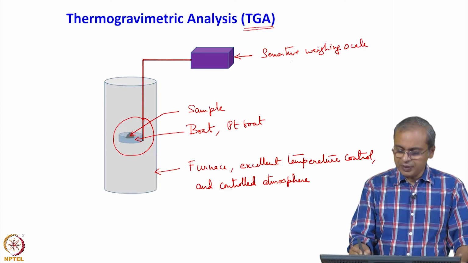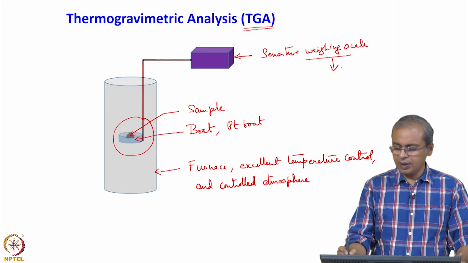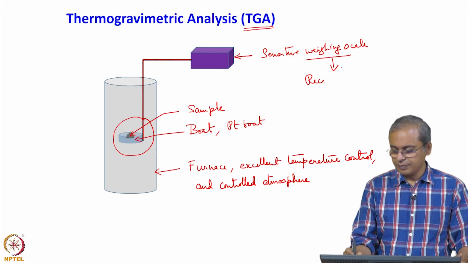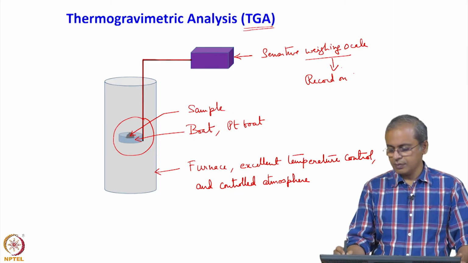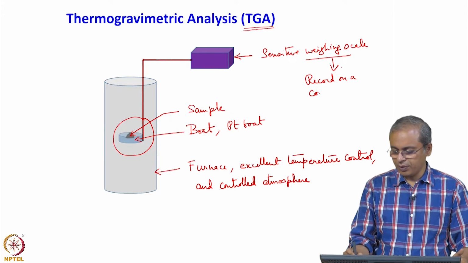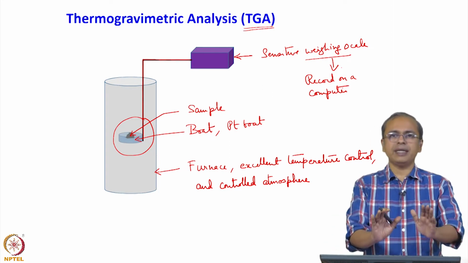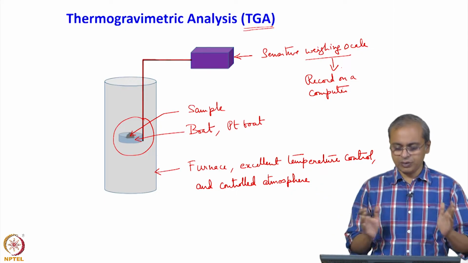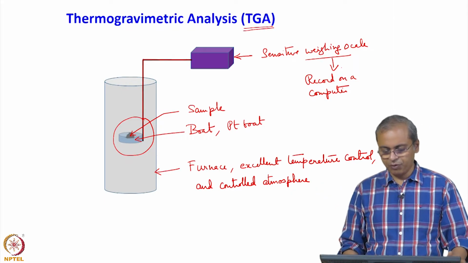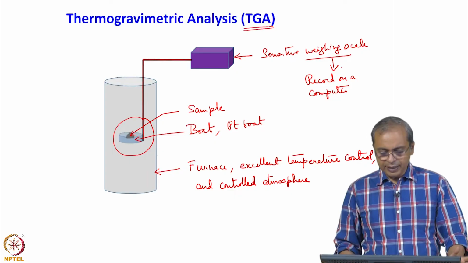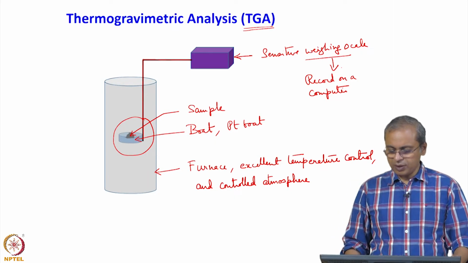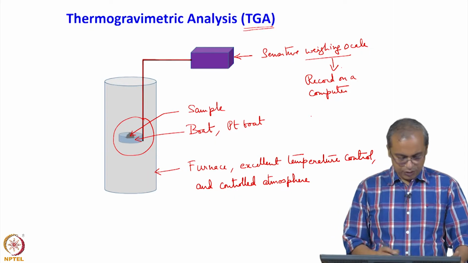Now, the data from this weighing scale, you should be able to record on a computer, or in some other form. Today everything is recorded on a computer, but basically we need to be able to get data out of it. So, the data that gets recorded is twofold.